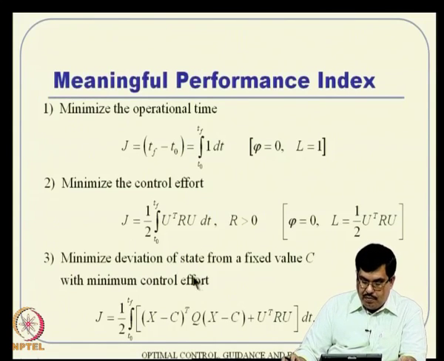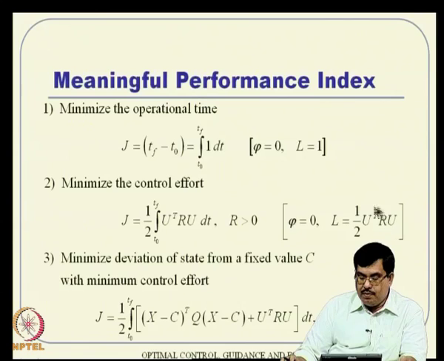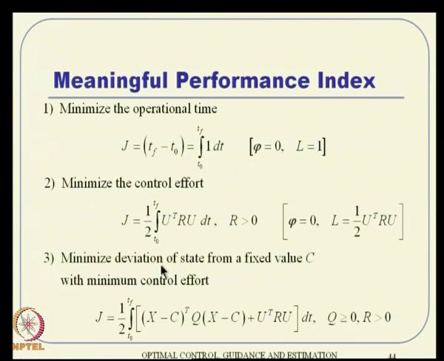Similarly, in other words, if you talk about this, then again phi is 0 and L happens to be this function. Similarly, if you have a minimum deviation of state from a fixed value C with minimum control effort, I talked about that as a kind of helicopter hovering problem. Then x minus C is the error that you want to minimize.